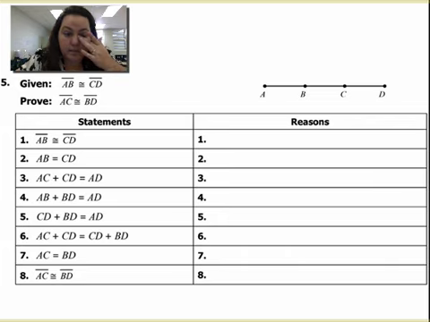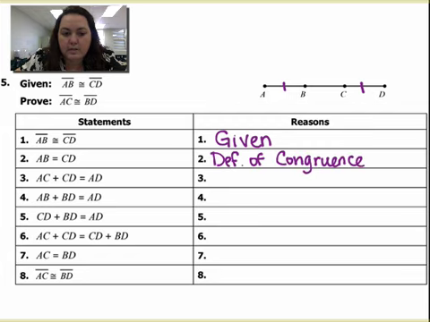All right, in this one, I was given that line segment AB is congruent to line segment CD, and I want to prove that line segment AC is congruent to line segment BD. All right, so AB is congruent to CD. That was given. I'm going to draw my tick marks on my line segments. And I can write it without the line segment bars, and the congruence can just become an equals by definition of congruence.